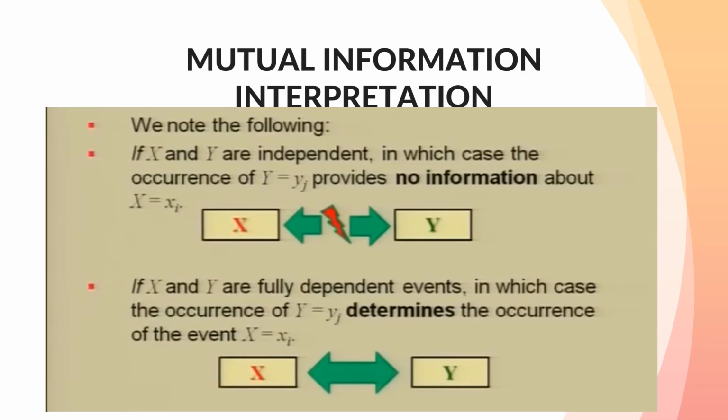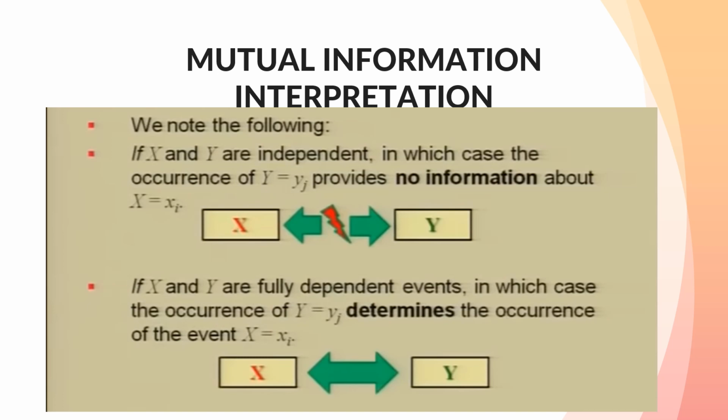Now, if X and Y are independent, mutual information is one event being given and finding out the other one. If they are totally independent, then I cannot find out what is Y given X, and the other way also, I cannot find out what is X given Y. So there is no mutual information between X and Y if they are independent.